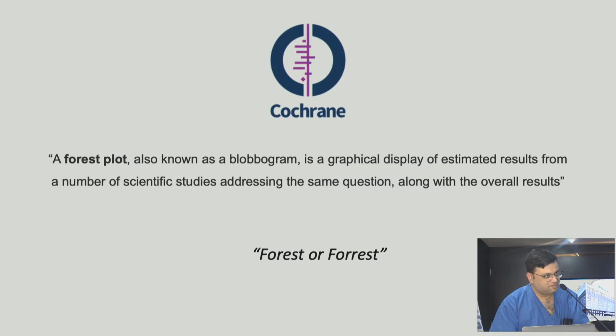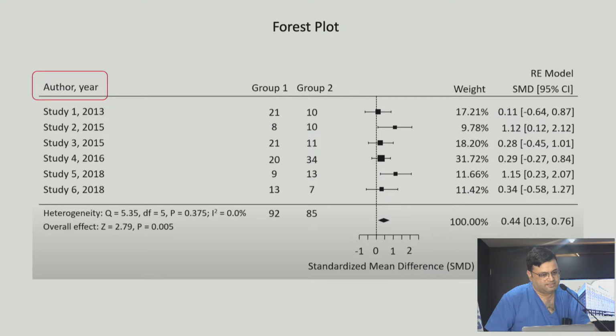That was a joke, but many people started using it, and both spellings are used, but single R Forest is preferred. If you see the Cochrane collaboration logo, this is also a forest plot, right? And everybody knows it whenever we open the Cochrane library.